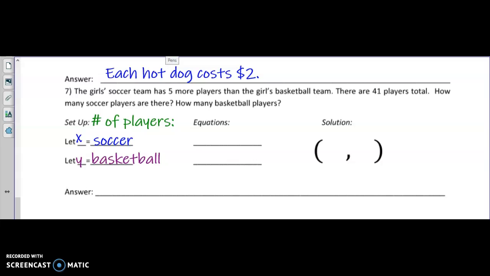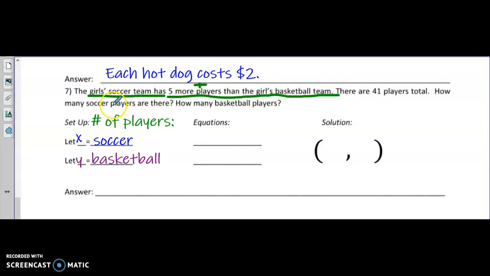So, for my first equation, it says the girls' soccer team has 5 more players than the girls' basketball team. Again, we're comparing. They have 5 more players. Remember, more means plus. I take the number of players and add 5. Who has more, the girls' soccer team or the basketball team?